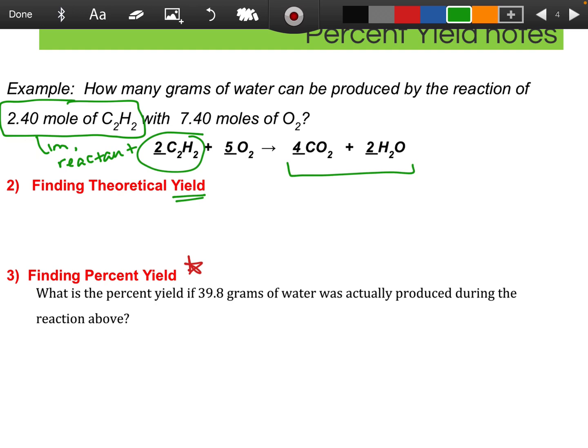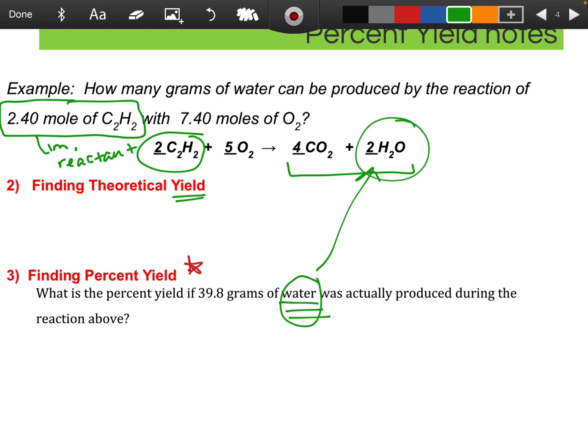If you look at step 3, finding the percent yield, it says, what's the percent yield if 39.8 grams of water? Because we want to know how much water is produced, that's the product that we are going to end up with.